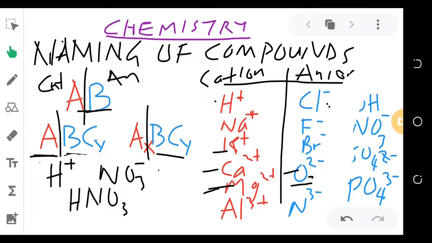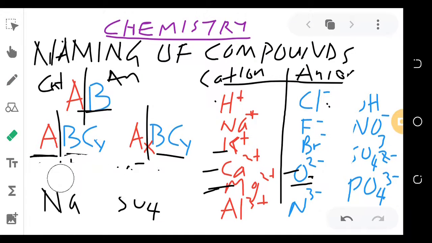Oxidation number. So let's take another example. Let's take sodium Na+ and SO4 2-.